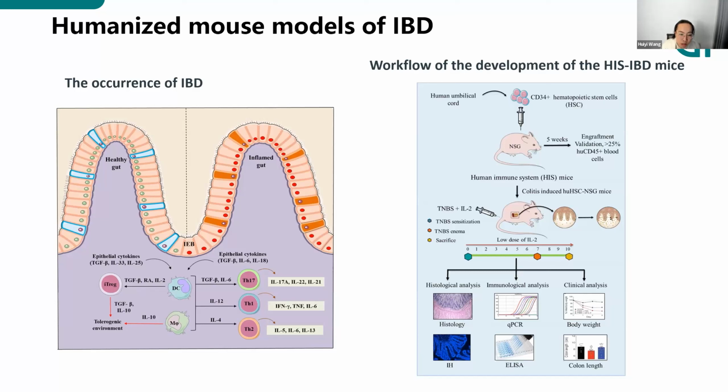Actually, in this published paper they used TNBS to induce colitis in the humanized NSG mice. And we found that DSS also could successfully induce the IBD autoimmune disease in the His mouse models.